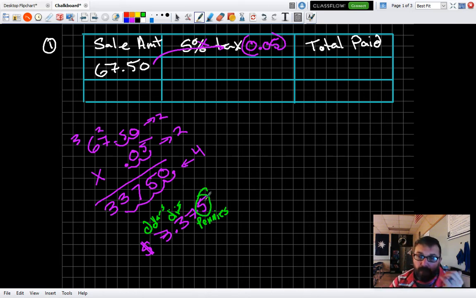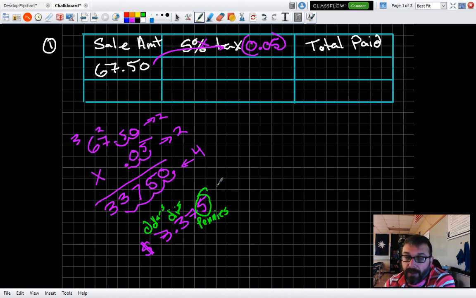If you want, pause it, open a new tab, not a new window, don't close this window, and then Google half pennies, United States. You might be interested to find out that I believe it was around World War I we quit using half pennies, but they used to exist. Because they do not currently exist, that means we have to round.